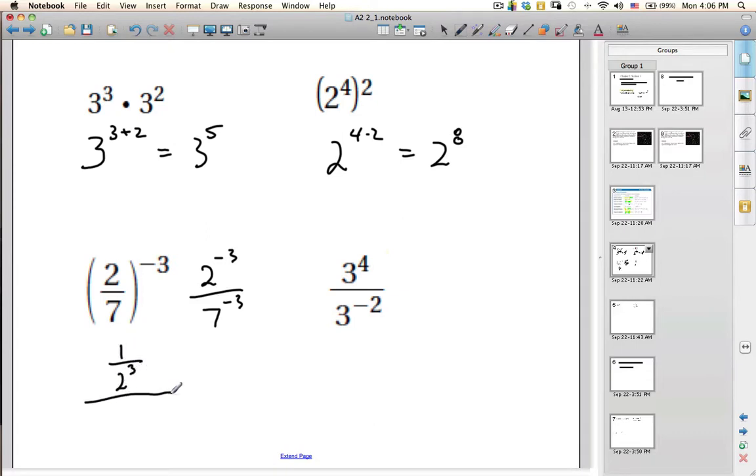That becomes 1 over 2 to the 3rd power, and this becomes 1 over 7 to the 3rd power, and that's going to equal 1 over 2 to the 3rd power times, when we divide by a fraction we invert and multiply, and that becomes 7 to the 3rd power over 2 to the 3rd power.